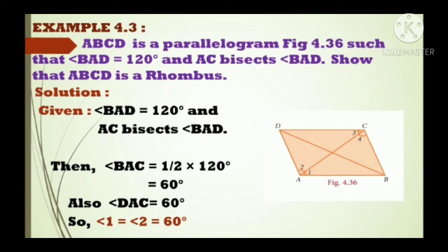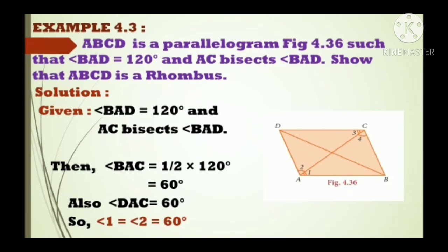The diagonal of the parallelogram, that is AC, bisects the angle BAD. That is given here. So we have to prove ABCD is a rhombus. ABCD is a parallelogram is given here. We have to prove ABCD is a rhombus.